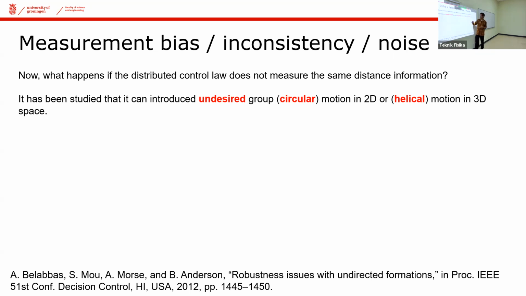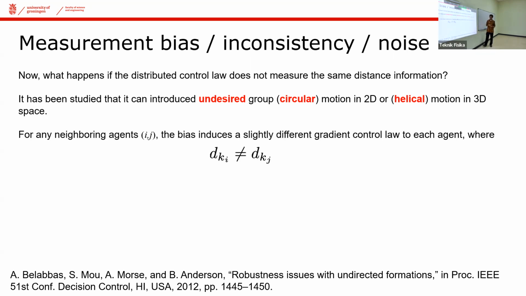It is actually a circular or helical motion in a 2D space. So they are converging to wrong formations, but it's not only converging to the wrong formation shape, the whole group will move in a circular way. You will see in a movie that I will show you shortly.